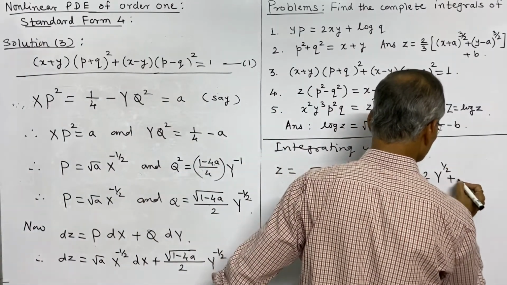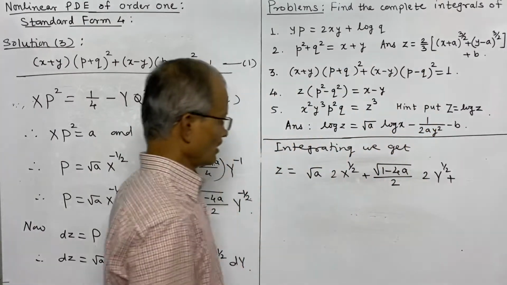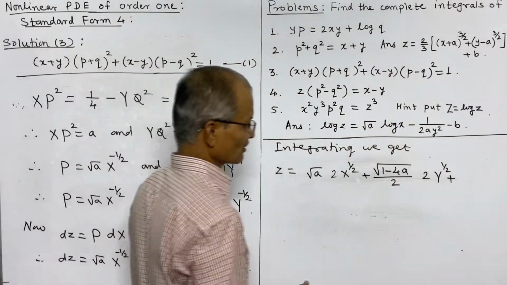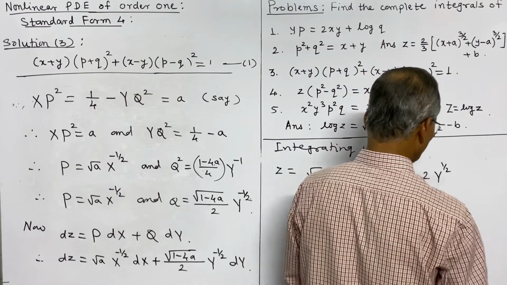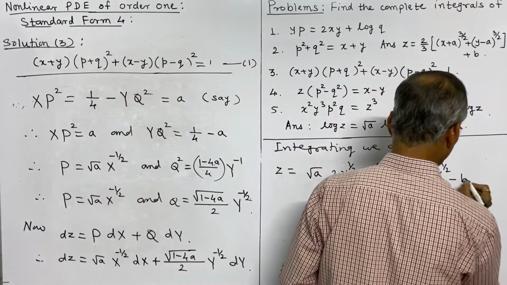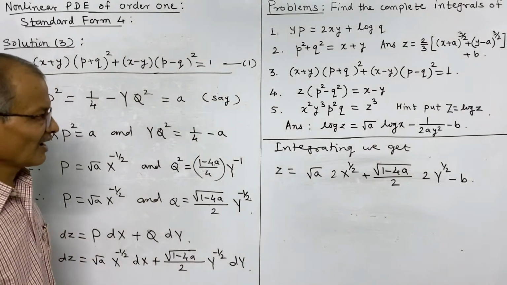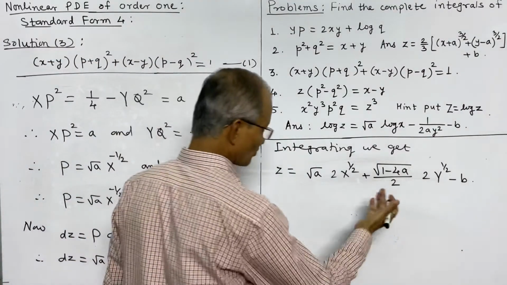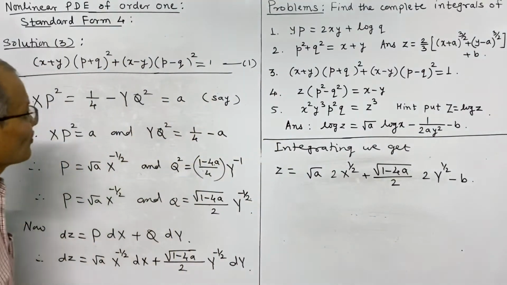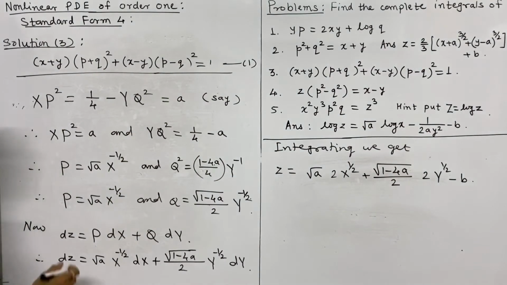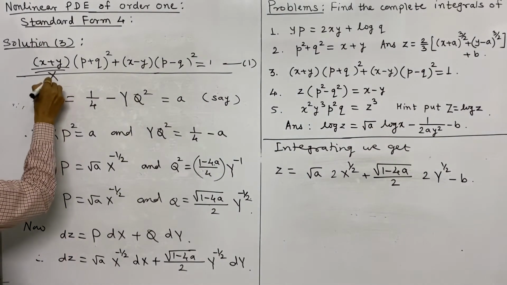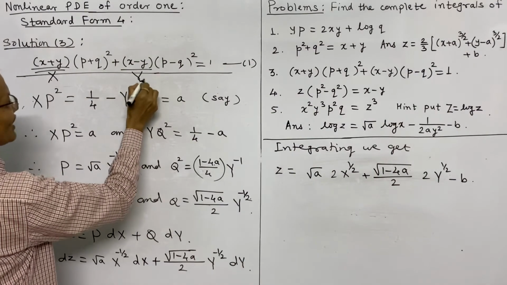You can check these terms and verify it, plus a constant, or minus a constant, plus or minus may be written, minus b. We may write plus b also, and the solution is, now finally we have to put the values of x and y. We have supposed this as capital X and we have supposed this as capital Y.